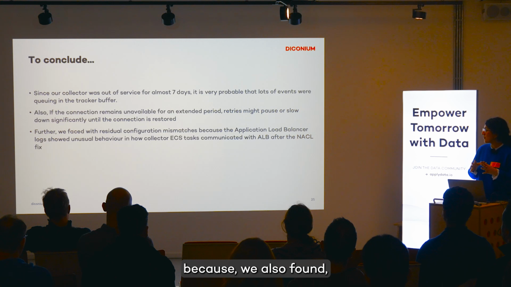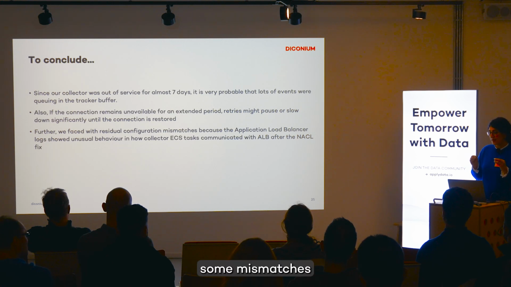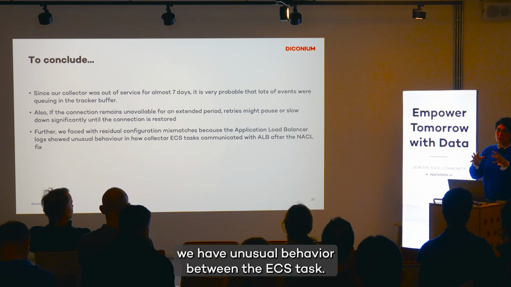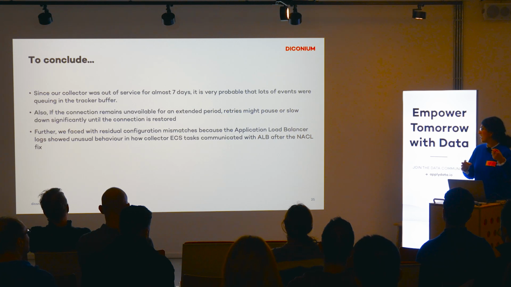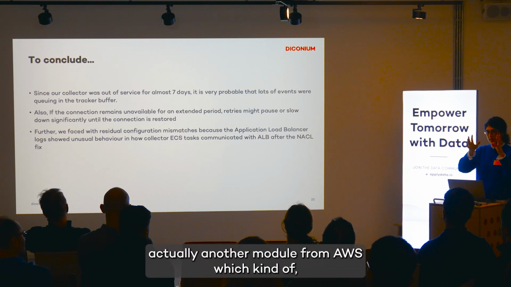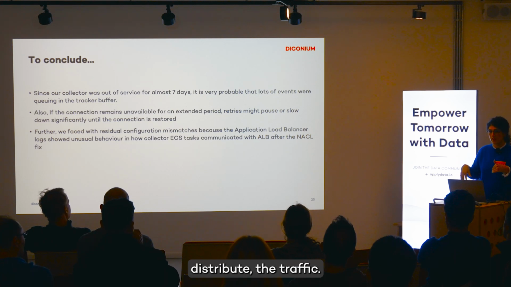Because we also found some mismatches in the load balancer logs, which showed we still had unusual behavior between the ECS task and the ALB, the load balancer, another AWS module which distributes the traffic.